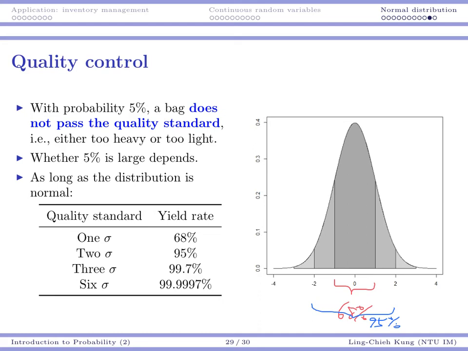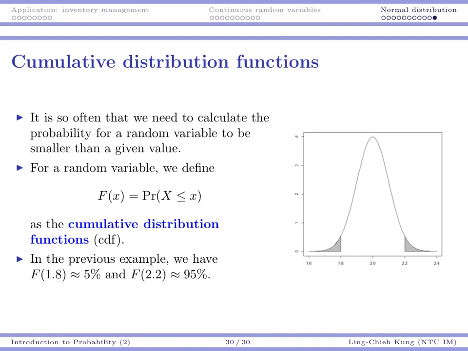About quality management, the last thing to tell you before we close this section is the term cumulative distribution function. As you will see, it's so often for us to calculate the probability for a random variable to be smaller than a given value, just as what we did regarding this quality control example.